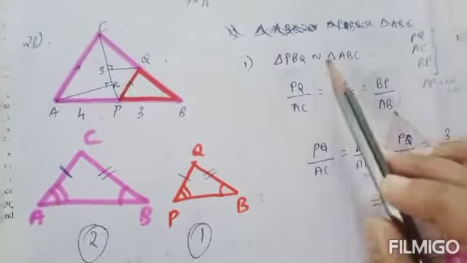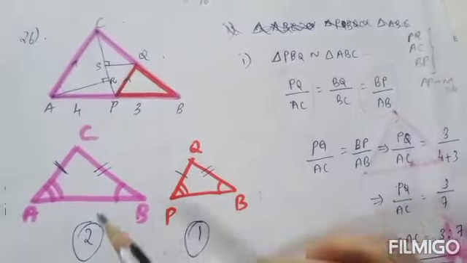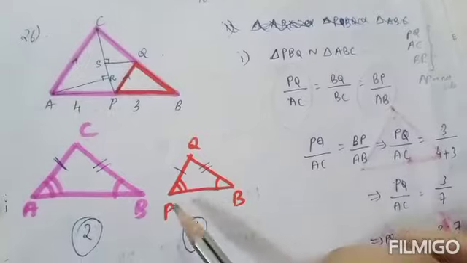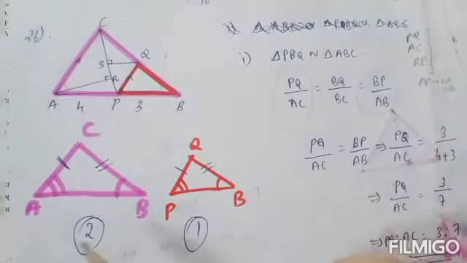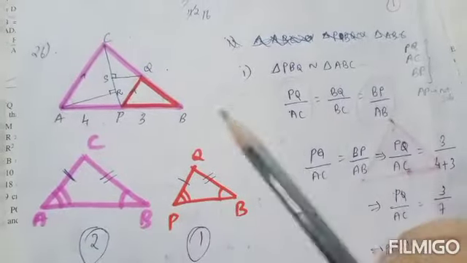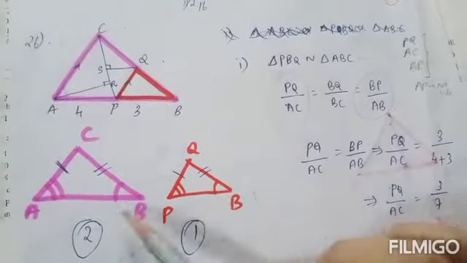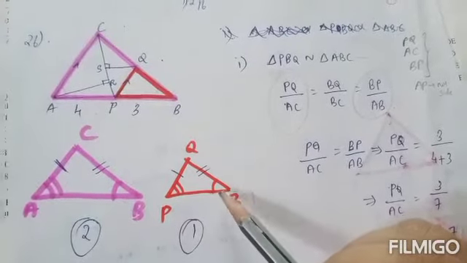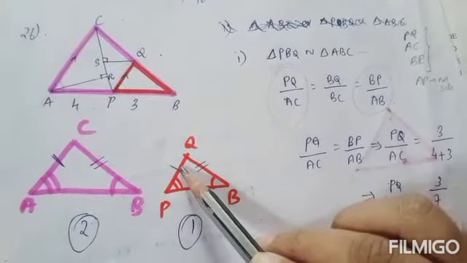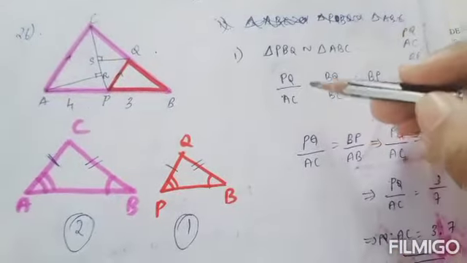Now we can take the ratio of corresponding sides. So how can you write? Let us take triangle PQB as the first triangle and ABC as the second triangle. The side opposite to the common angle we can take first. So in the first triangle it is PQ, in the second triangle it is AC. So PQ by AC.